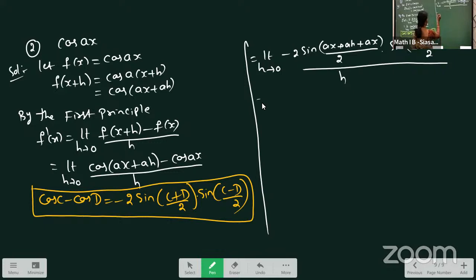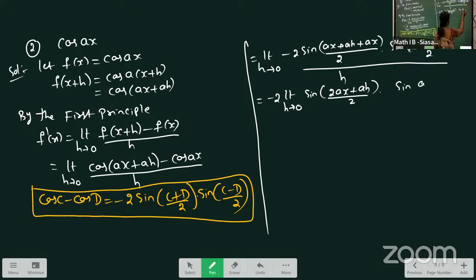Now, write minus 2 outside the limit. Limit h tends to 0, sine 2ax plus ah by 2 into, here ax cancel, sin ah by 2. Write the denominator h to the second term and separate the limit also.